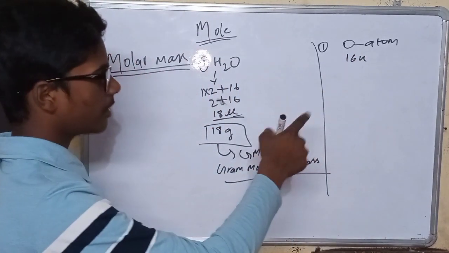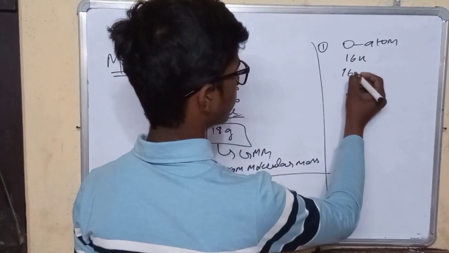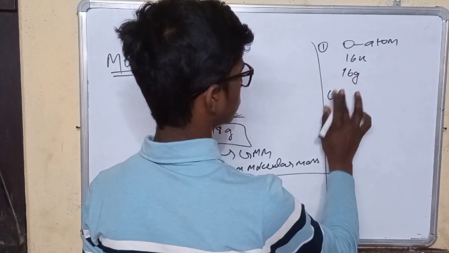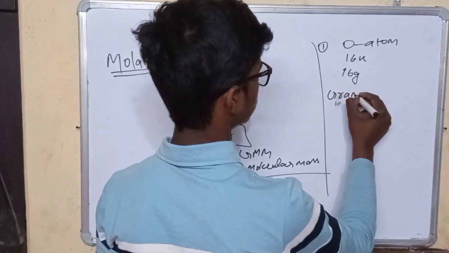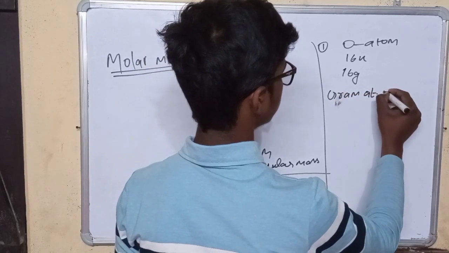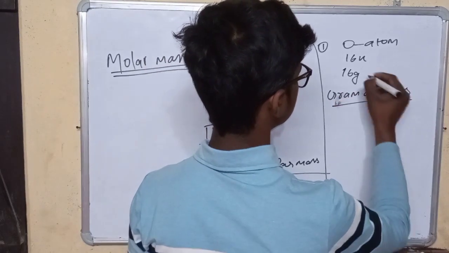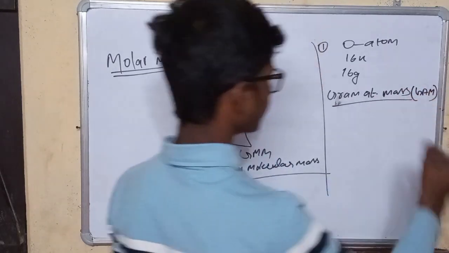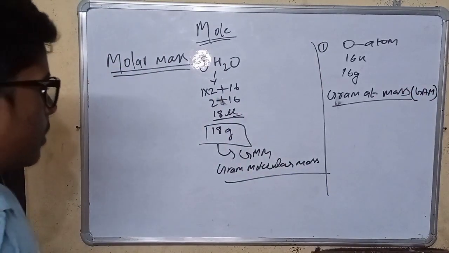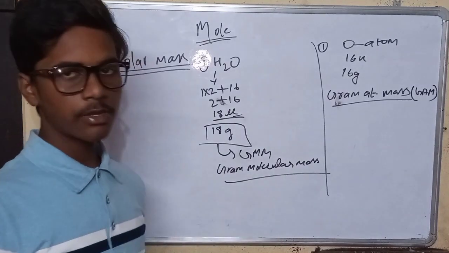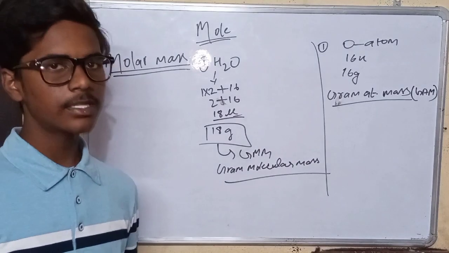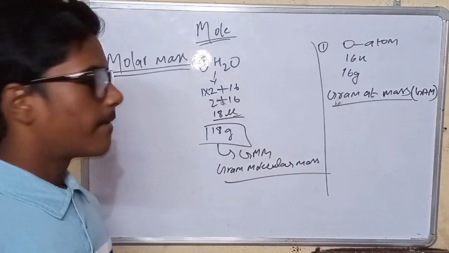If we write 16 gram, then it is called gram atomic mass, GAM. To get gram molecular mass and gram atomic mass, we have to replace the unit u with g.